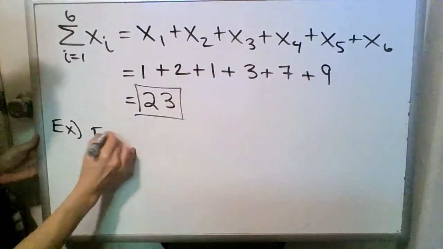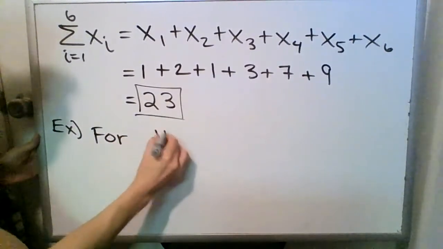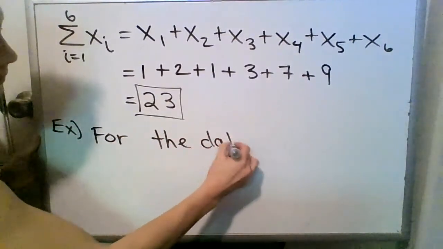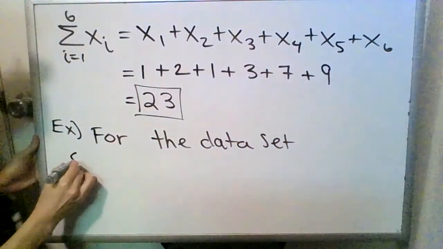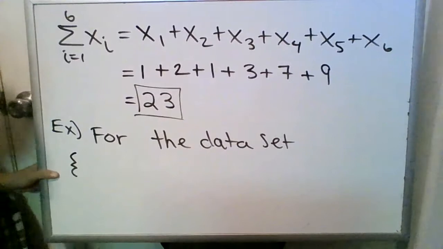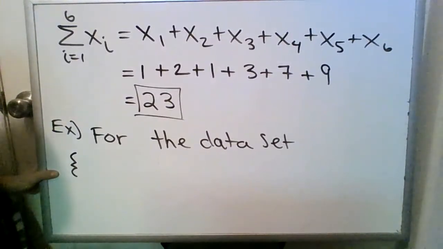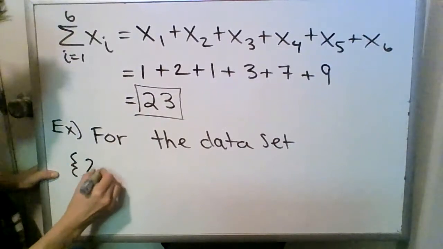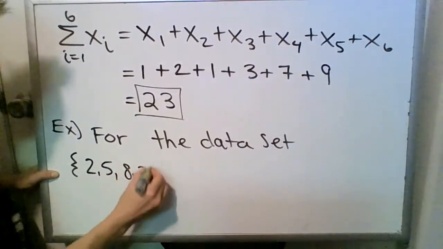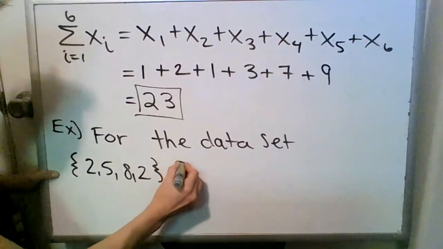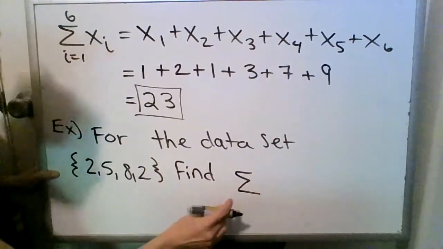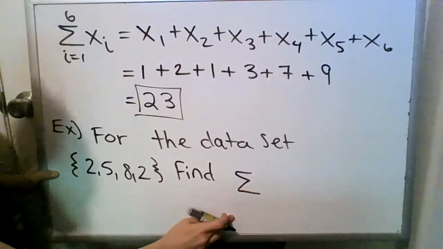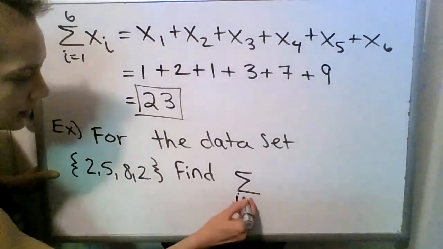Or the data set that contains 2, 5, 8, 2, find the sum. So it's a summation sign, and you're going to start at I equals 1.